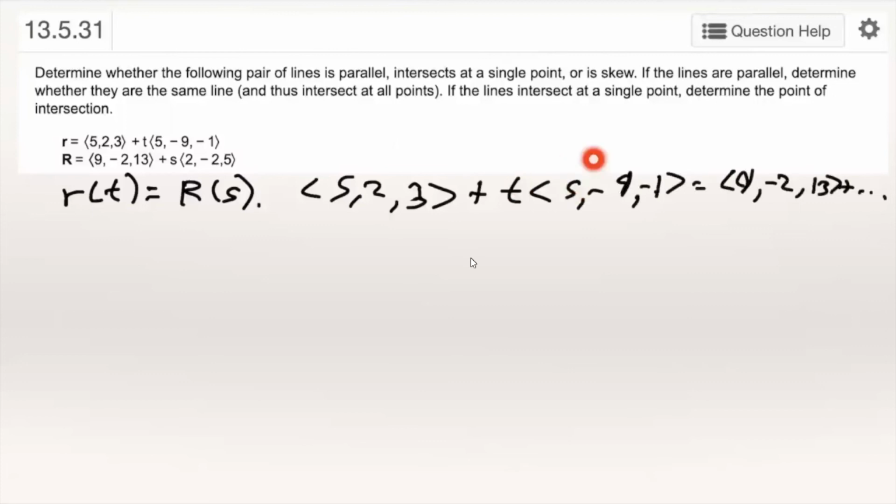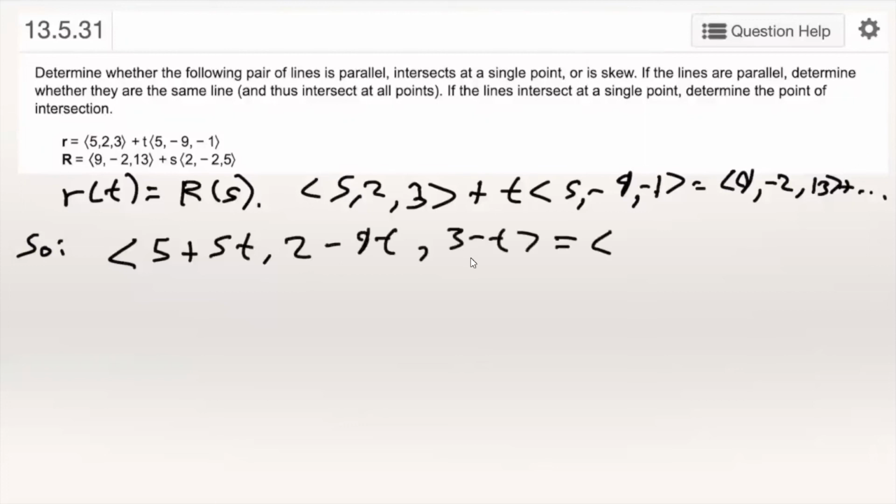Now, we want to distribute the t and add together the vectors. We have 5 plus 5t, comma, 2 minus 9t, comma, 3 minus t must be equal to 9 plus 2s, minus 2 minus 2s, 13 plus 5s.